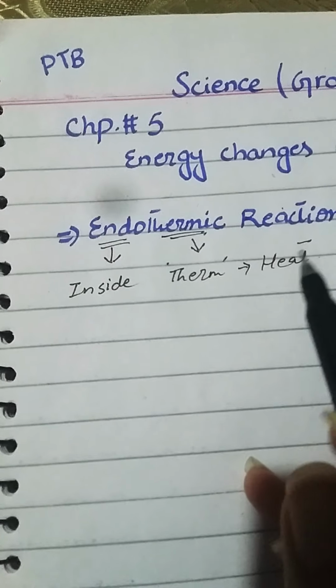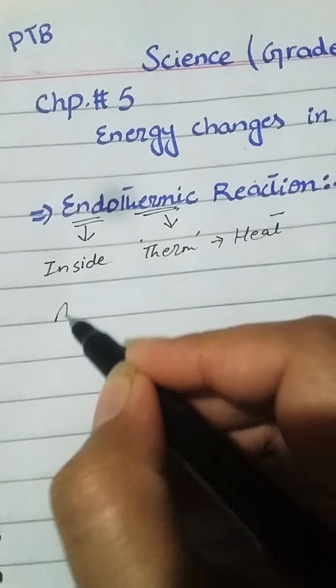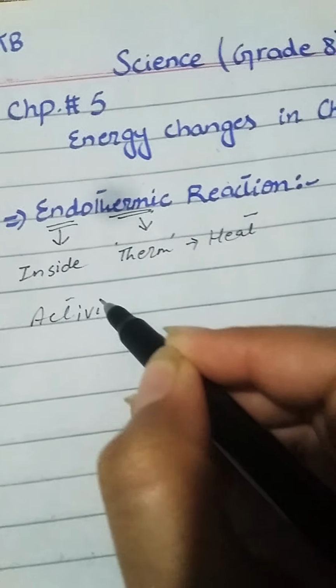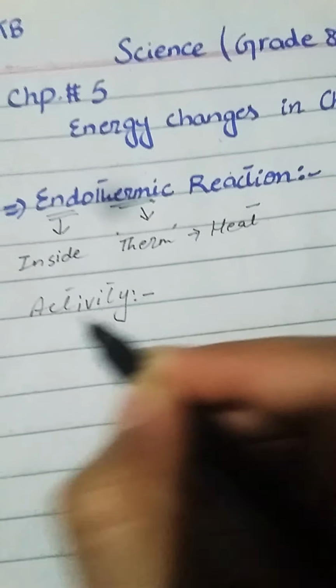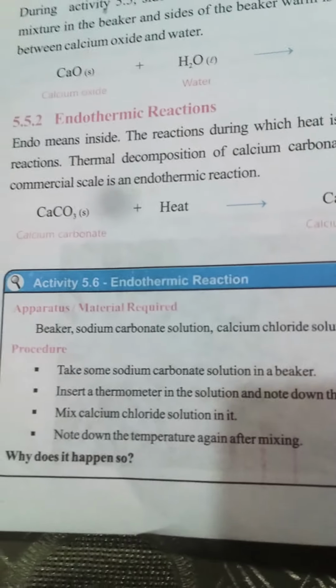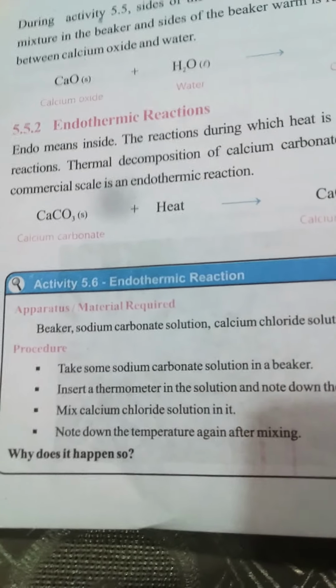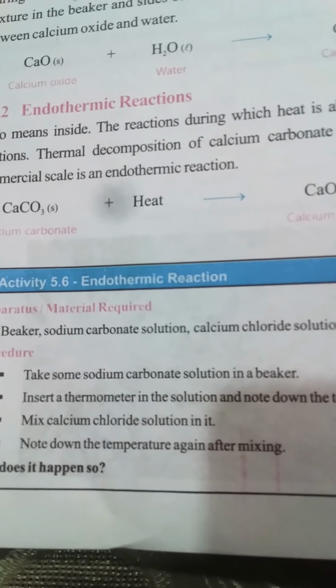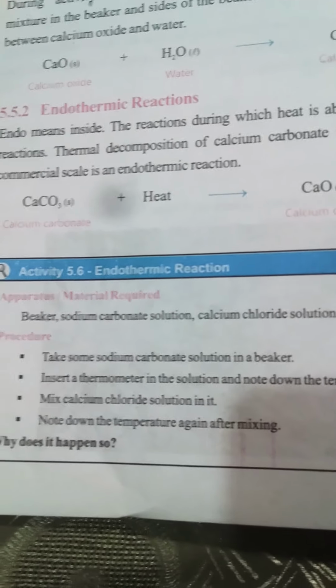Now come towards the activity in your book, and we will explain this by the activity. This is the activity 5.6 for the endothermic reactions on page number 72.